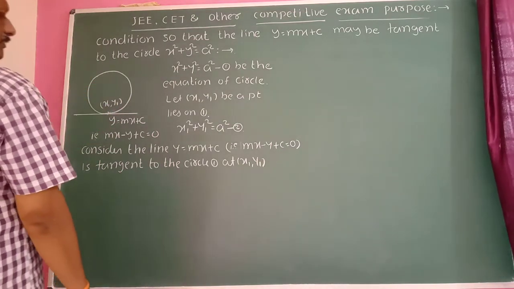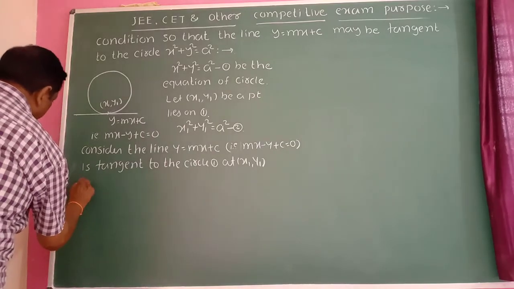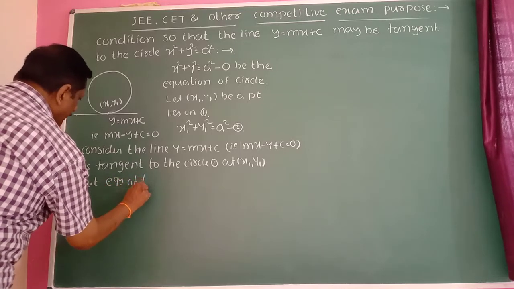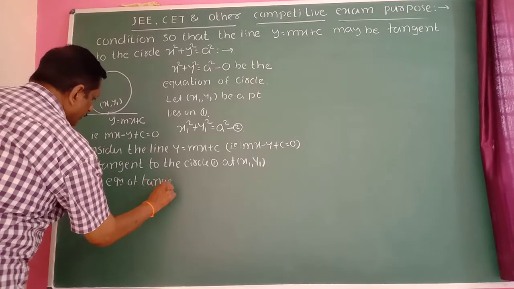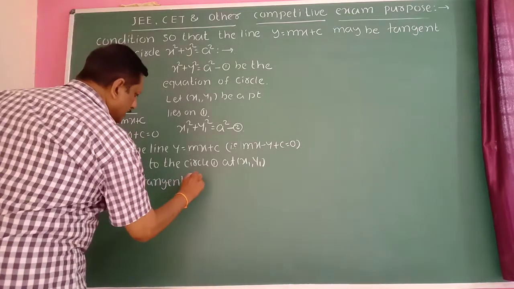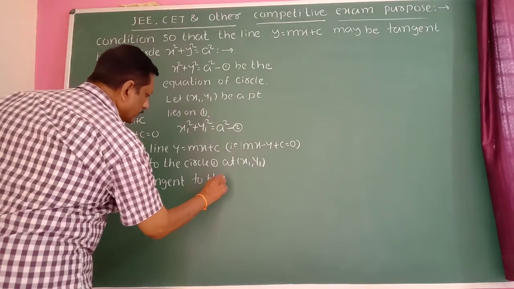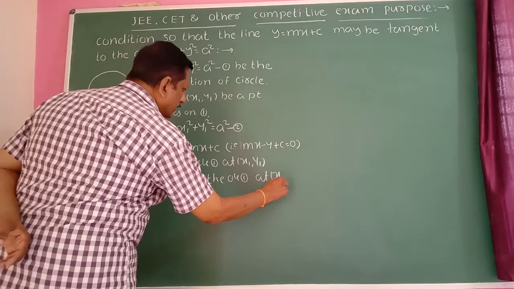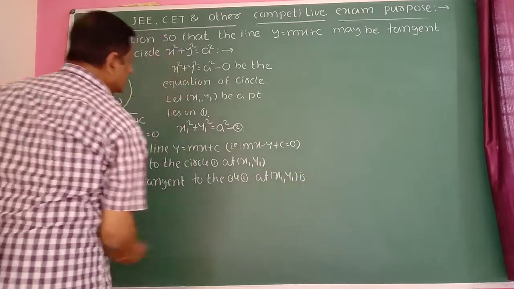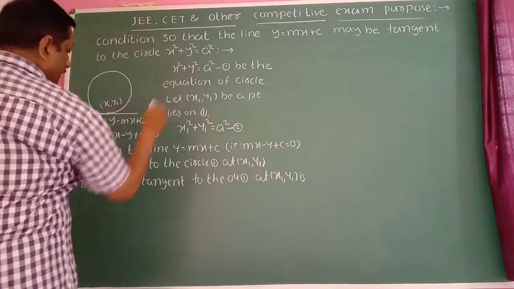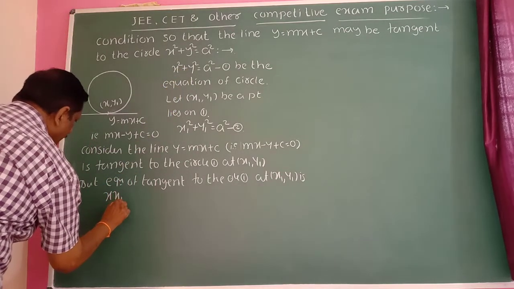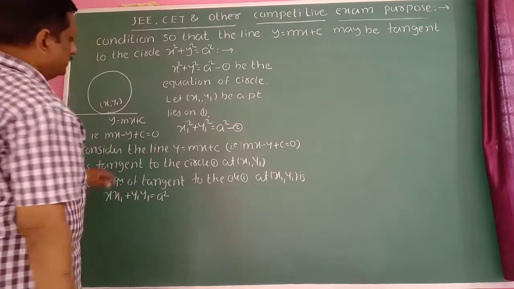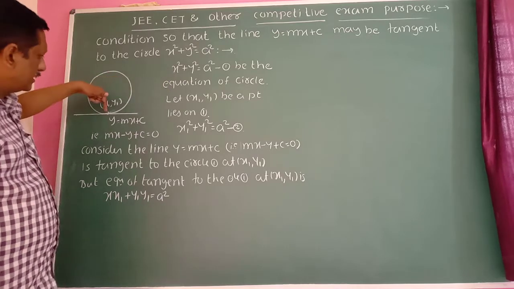You know the equation of the tangent to the circle x² + y² = a² at the point (x1, y1): replace x² by x·x1 and y² by y·y1. So x·x1 + y·y1 = a². This is the equation of the tangent to the circle at the point (x1, y1).